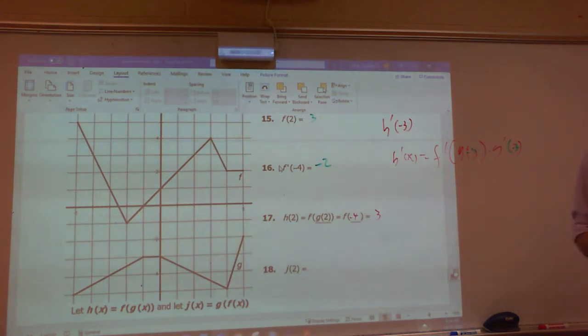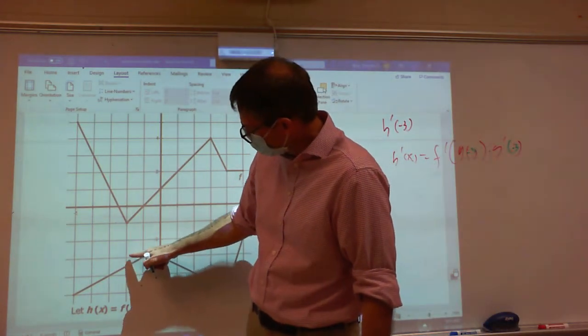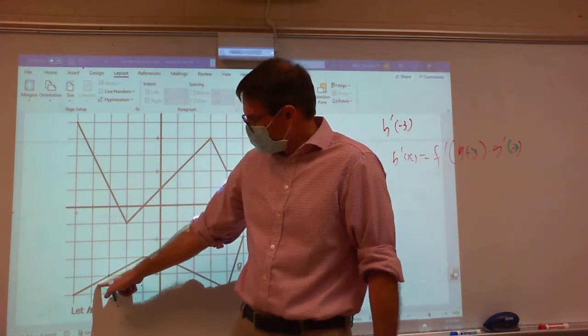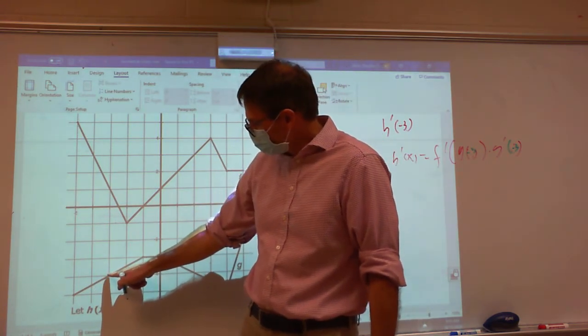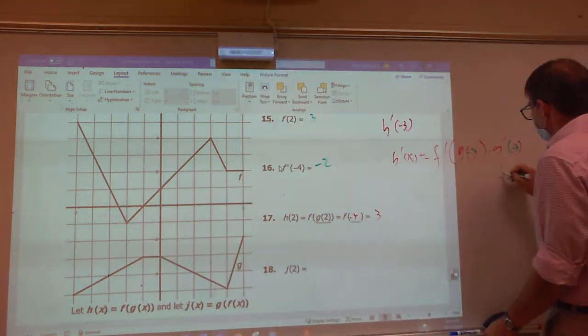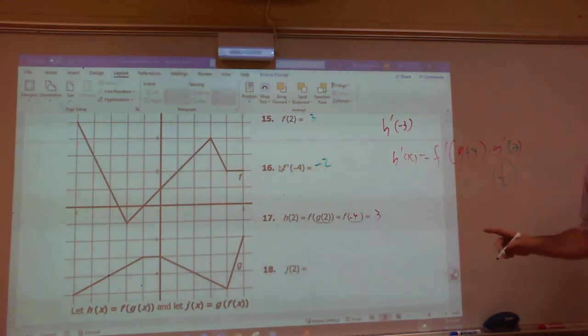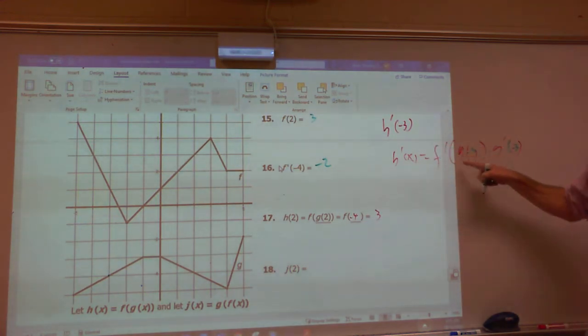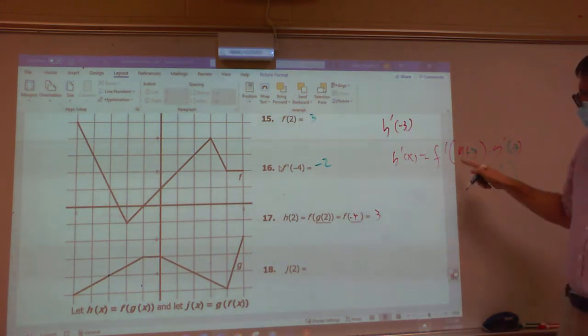And now we look at our information. So what's g prime of negative 3? Well, here's the graph of g. If I'm at negative 3, 1, 2, 3, I'm here. g prime is the slope here, and that slope is 1/2. And now to compute this, I need to compute g of negative 3.